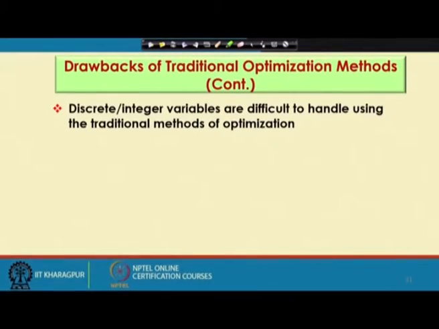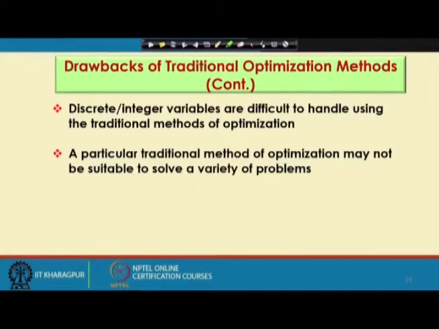Now, in traditional optimization tools, we face some problems whenever there are integer variables, and tackling integer variables is a bit difficult. Sometimes we face a mixed integer problem, and there it creates further problems.